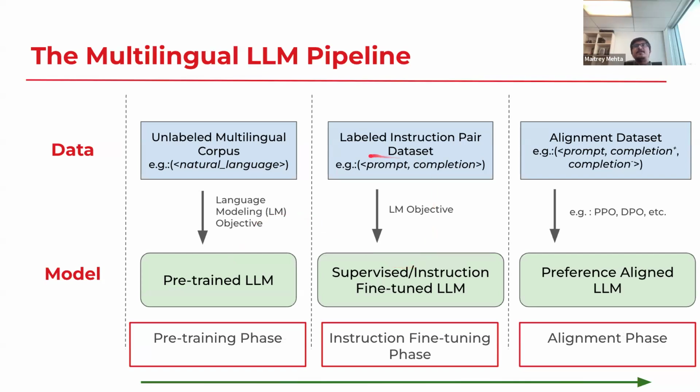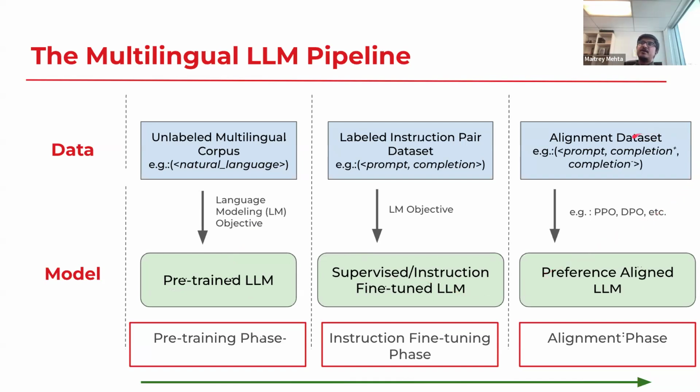The second phase is instruction fine-tuning, where you fine-tune the model using instruction prompt completion pairs, and again you fine-tune the pre-trained LLM using the LM objective, and you get the instruction fine-tuned large language model.